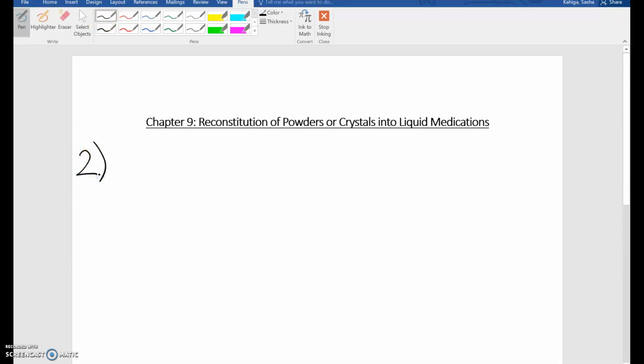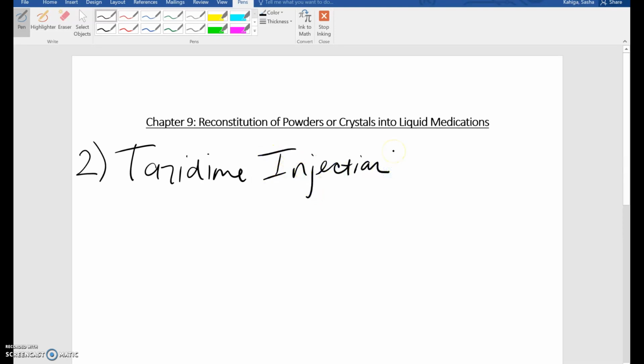So for number 2, the label says tazamide injection. I'm going to pull out the number. So it says 500 milligrams.